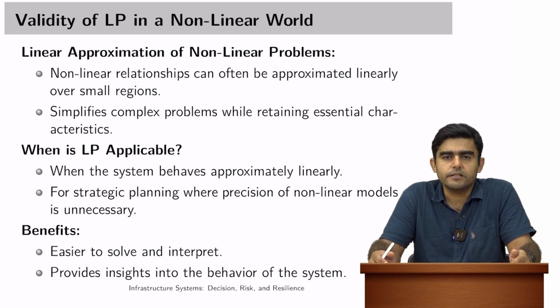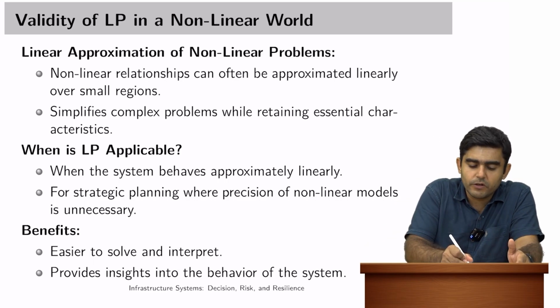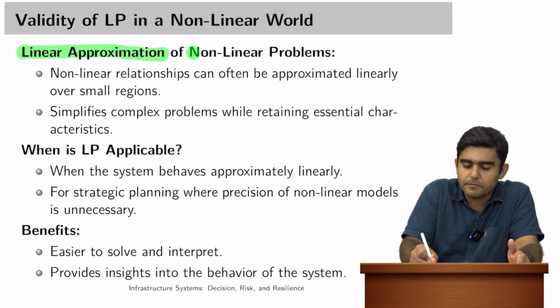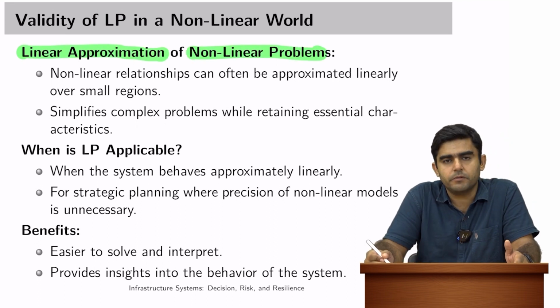So in some cases, we are able to directly write the linear constraints for complex real world problems, but in some cases we make what we call a linear approximation of nonlinear problems. What does that mean? Let us look into that.